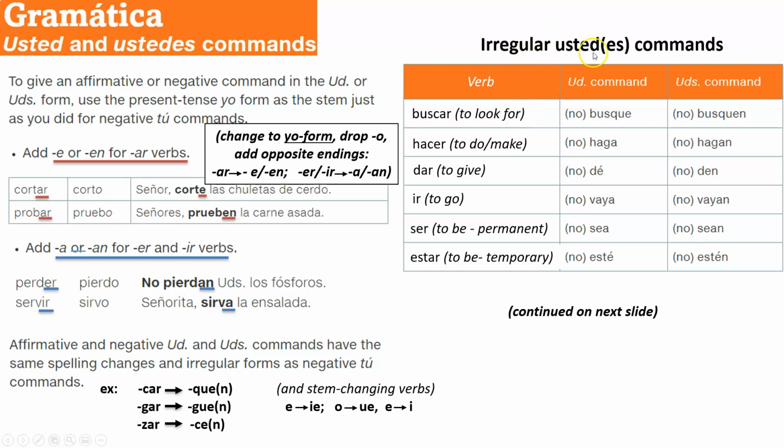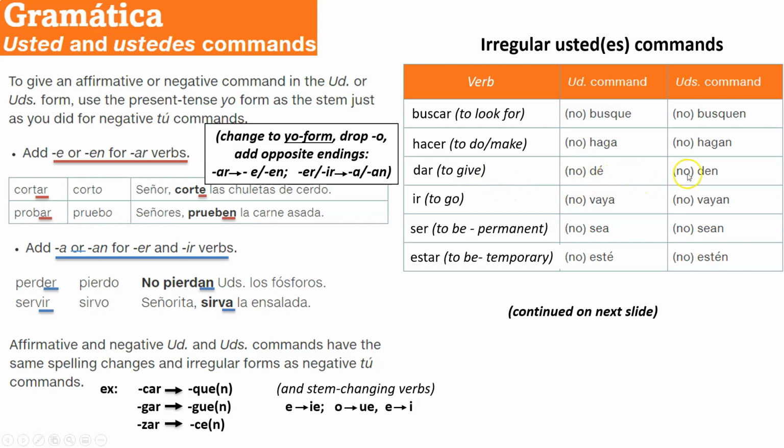Here are some examples of irregular usted or ustedes commands. Buscar, to look for. Usted command, no busque. Ustedes command, no busquen. See what I told you about? The car becomes que or quen. Hacer, to do or to make. No haga, no hagan. Dar, to give.